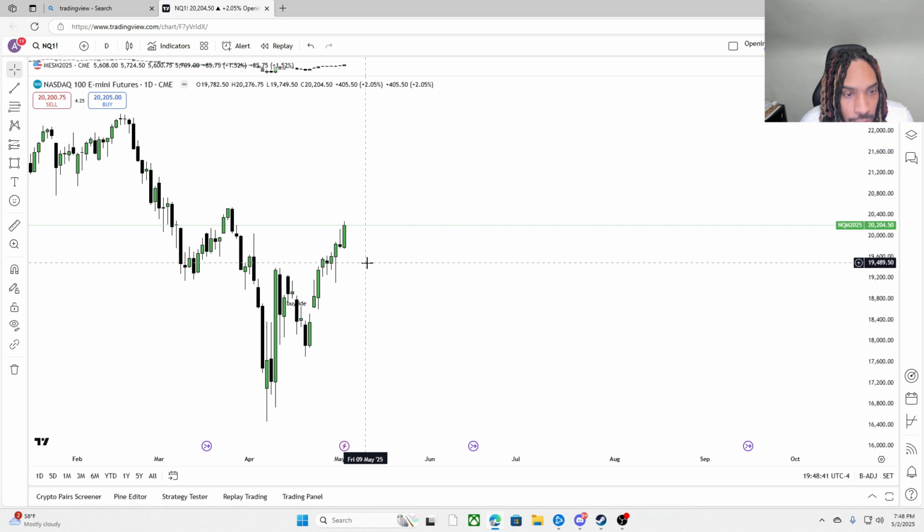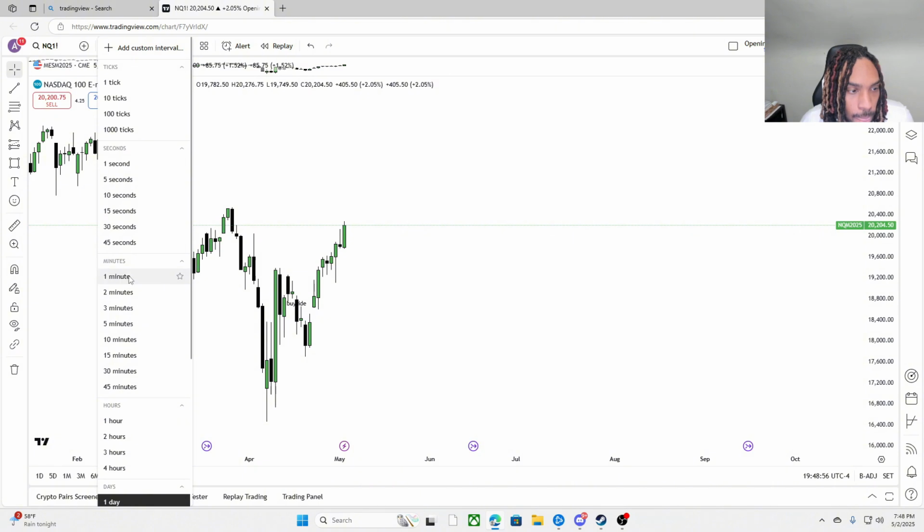So there was this day right here, right after that black candle, that down candle, that next up candle. It was Tuesday, right? And I'm bullish on the daily chart because I want to see price get to this buy side, before we already reached the buy side.